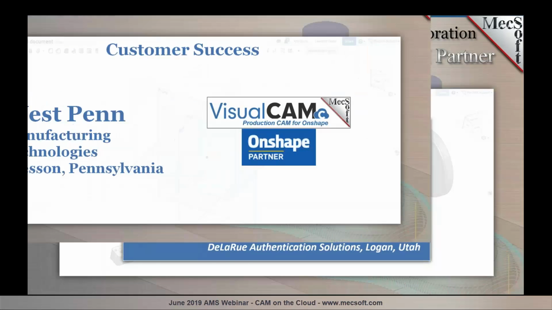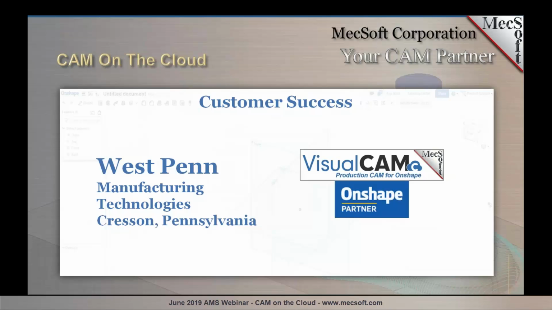Okay, another thing. Go ahead, Joe. Yeah, before you close it out, the other thing I would like to add is Onshape is really good for collaboration, which means you could have people in different parts of the world looking at the same part, working on the same part, and the same thing with VisualCAMc. You can have two users looking, not simultaneously, but you can look at the same part.